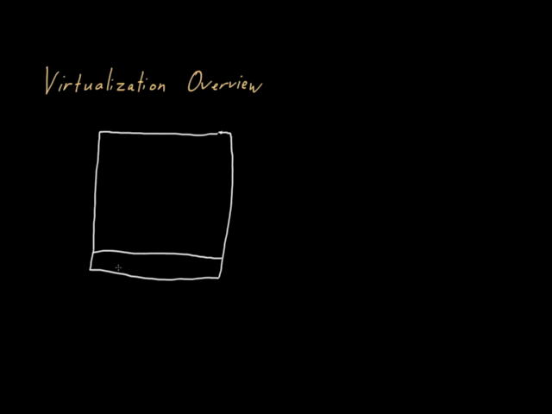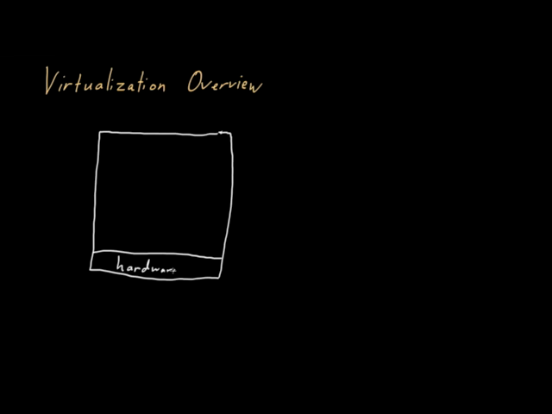So imagine we have a physical computer, and I'm going to diagram it as a big rectangle here. A physical computer at the lowest level will typically have a hardware level.